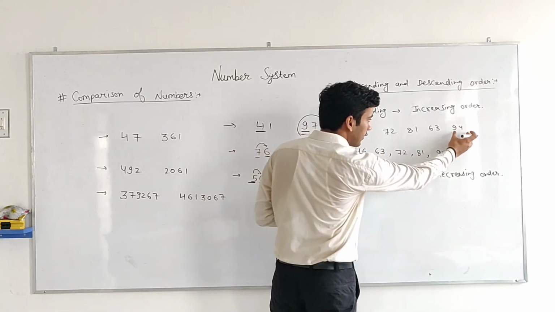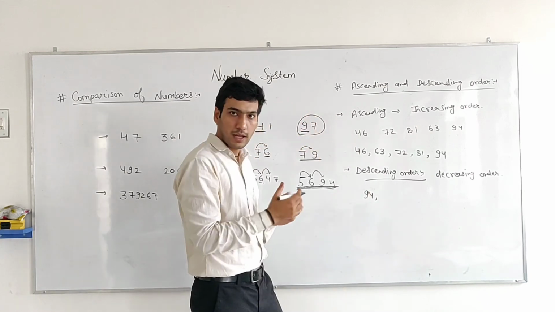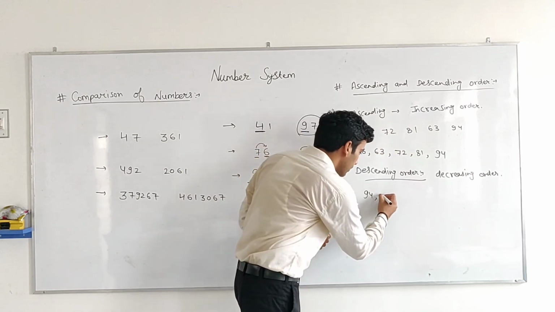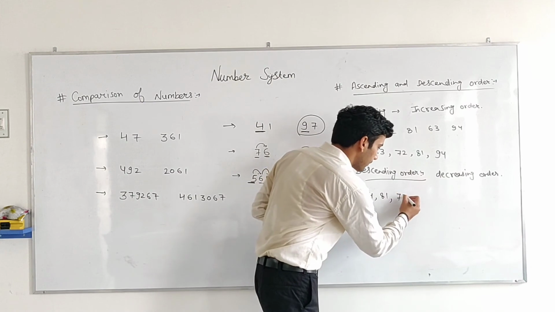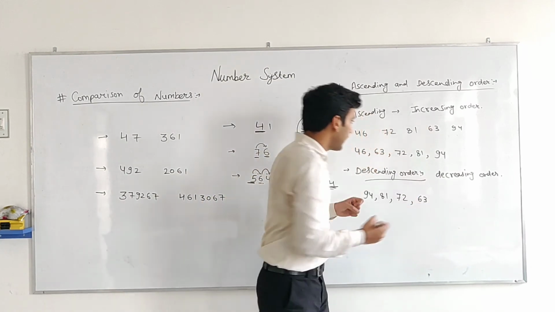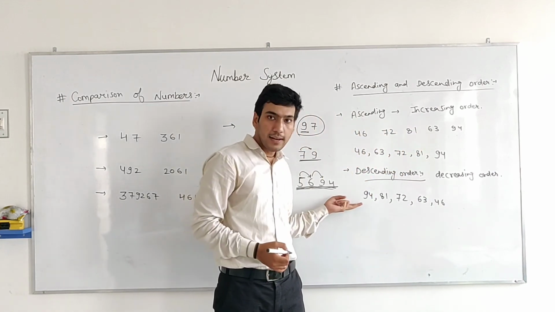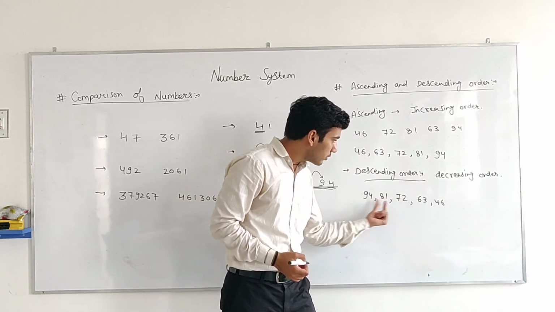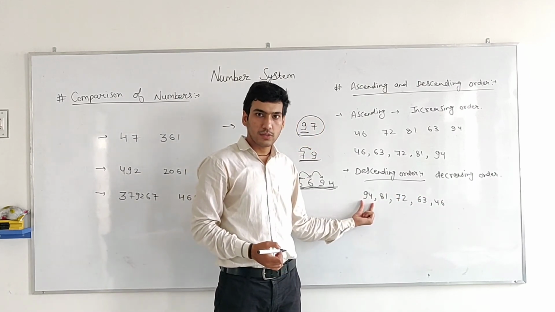And what is the greatest number? 94. So first 94. After 94, what comes next? 81 is there. Next, 72. Next, 63. And last, 46. So this is the descending order, starting from the greatest number to the lowest number. 46 is the lowest one and 94 is the greatest one.